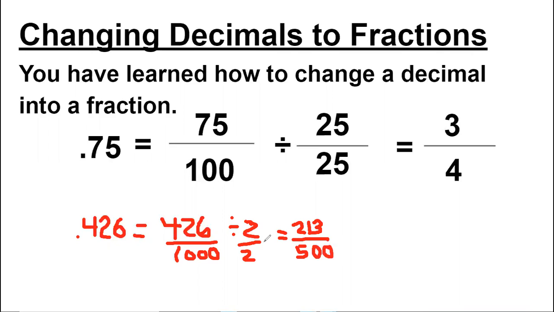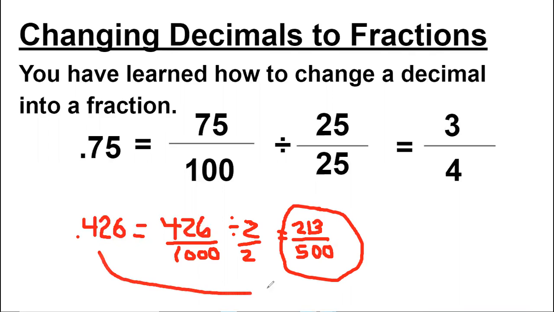And now I can't reduce this fraction any further than 213 over 500 because nothing goes into 213 except 213 and 1. It is a prime number. So that is as low as I can reduce it. So 0.426 is equivalent to 213/500. Okay, now that I've said that, let's try some repeating decimals.